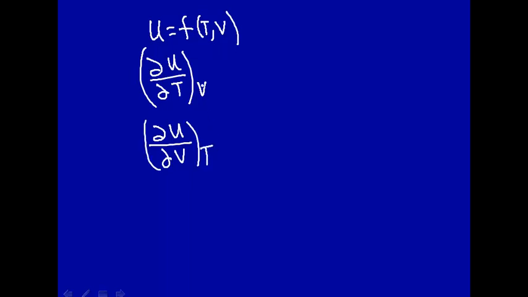So here we're taking slices through the v-axis, here we're taking slices through the t-axis. All right, and we're going to define this as a heat capacity at constant volume. There's constant volume, there's constant volume.